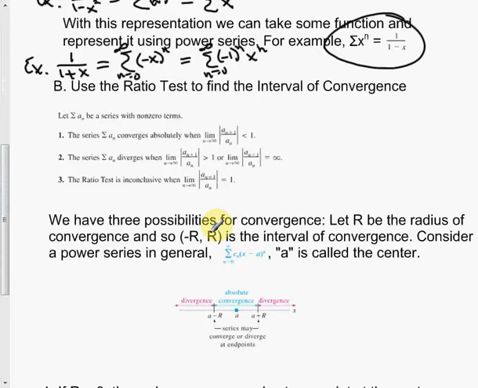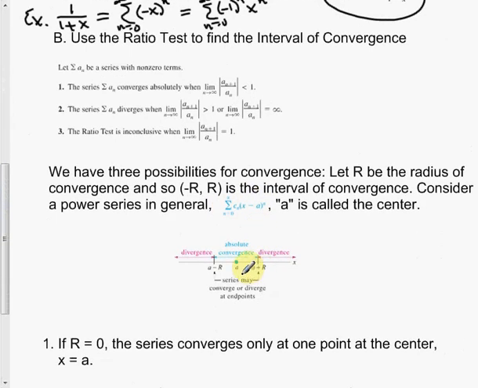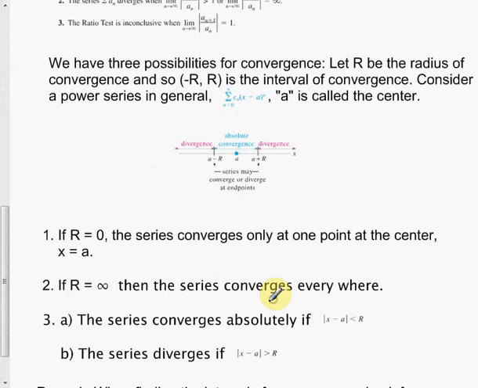So those are the three possibilities here. So let R be the radius of convergence, and so here the interval of convergence is from -r to r. Consider a power series, the general nature of it. a is called the center, and so this interval goes from a minus r to a plus r. Here are the three possibilities.